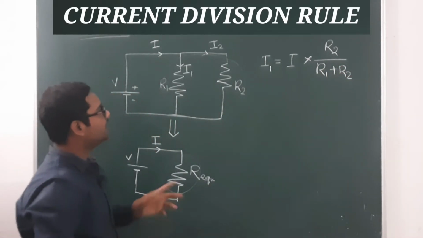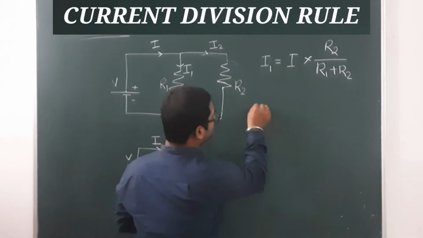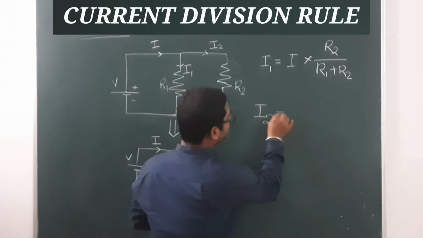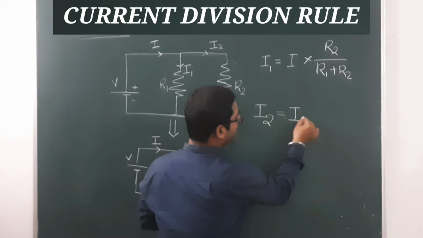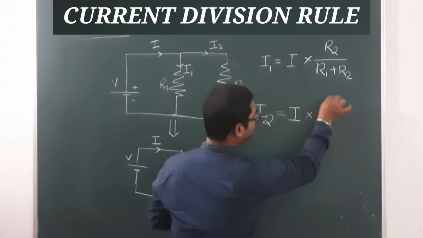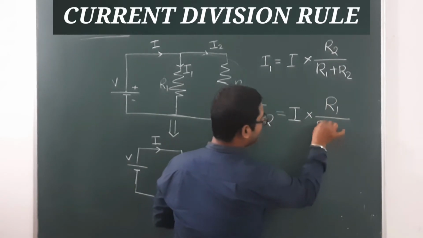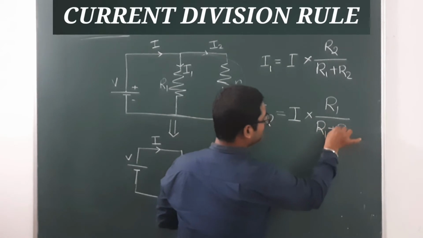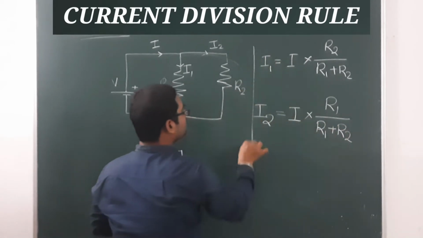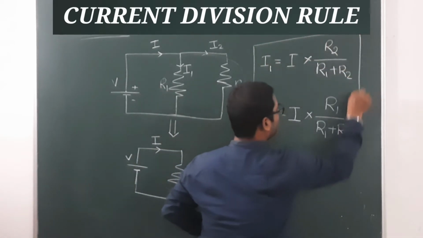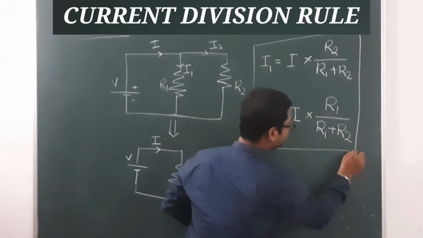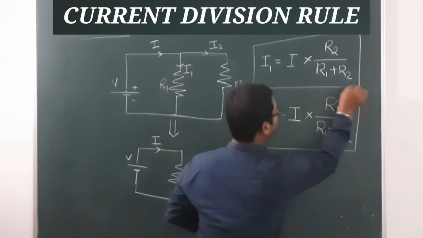In the same way, I2 is the source current I times the opposite resistance R1, divided by R1 plus R2. This is the simple formula you have to remember for the current division rule.